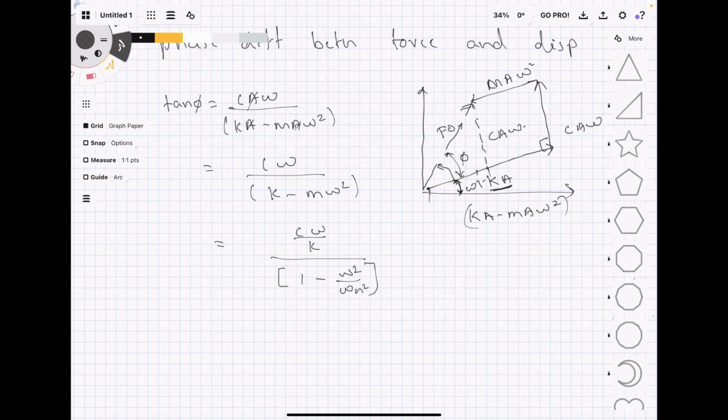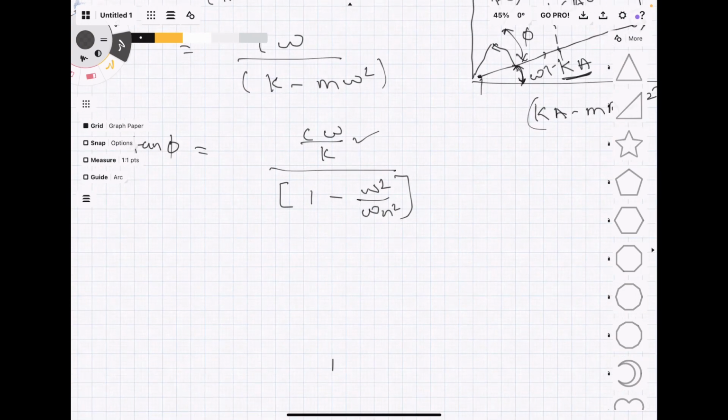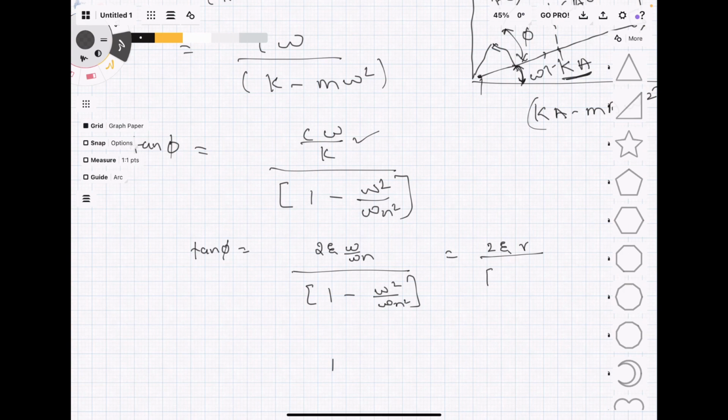So tan phi is equal to, c omega by k can be written as 2 zeta omega by omega n, divided by 1 minus omega square upon omega n square. In short, we can write it as 2 zeta r upon 1 minus r square. So this is tan phi.